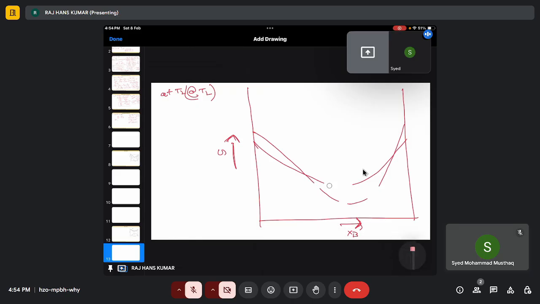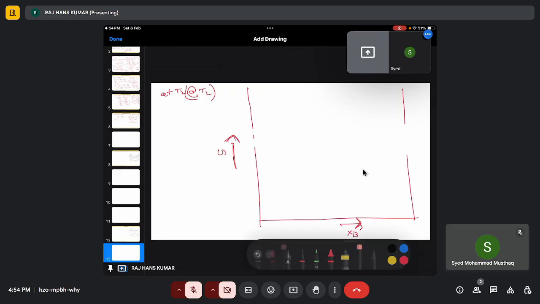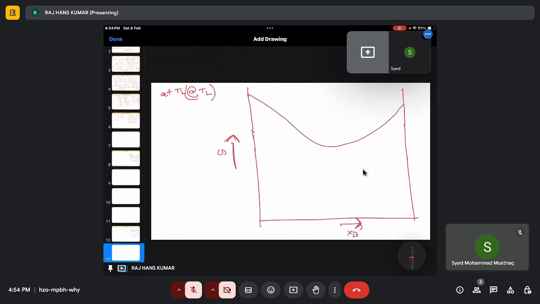Let me redraw this again so that I can draw the chemical potentials also. So this is my liquid. Now my solid will also come like this.